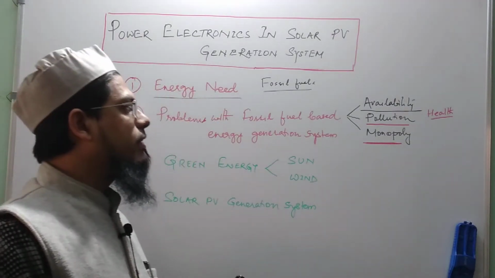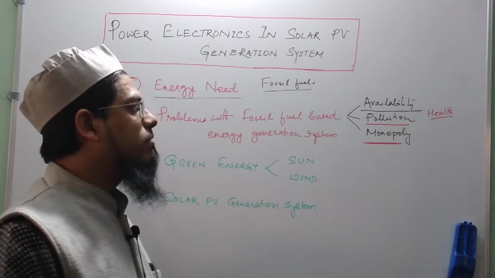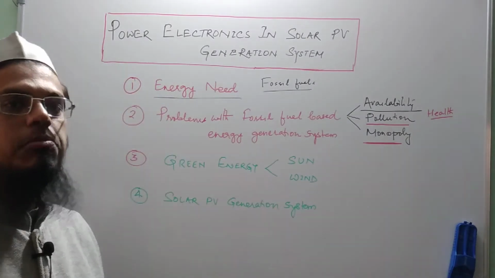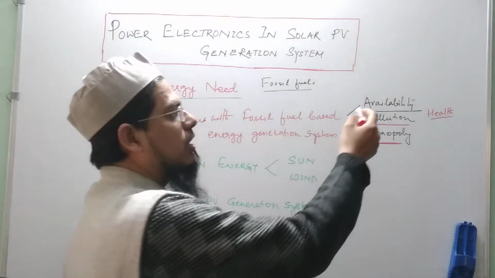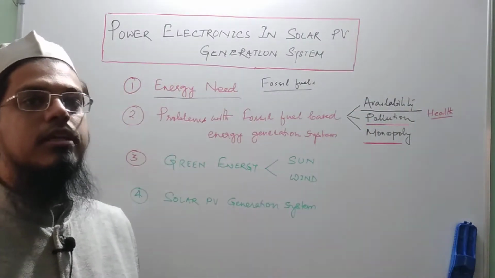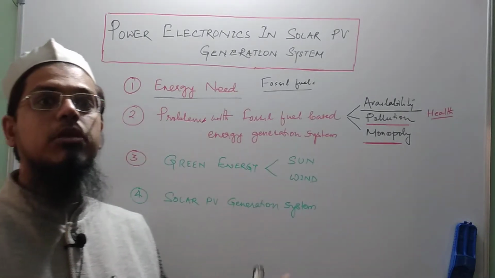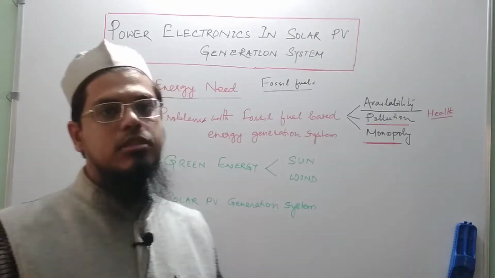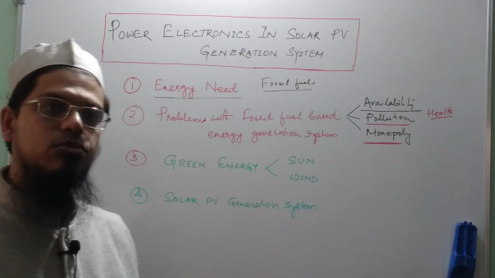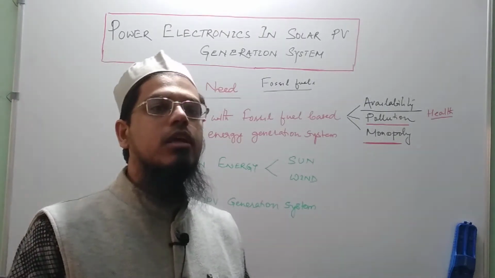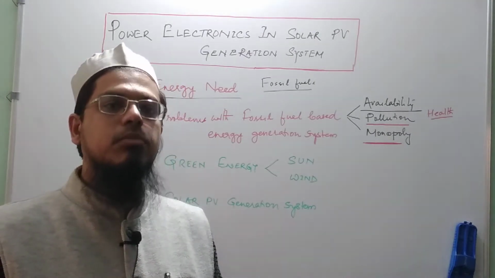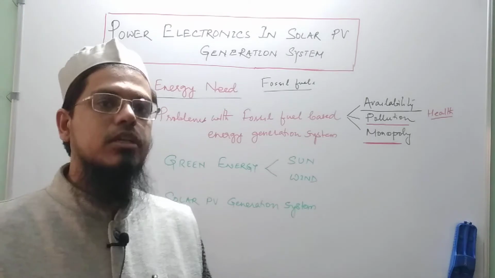So one thing is that the natural resources, the fossil fuel based natural resources are not available forever. The other thing, they are not available uniformly throughout the world. Some regions of the world have some of the resources in abundance, while the rest of the countries do not have them even to meet their domestic demand.